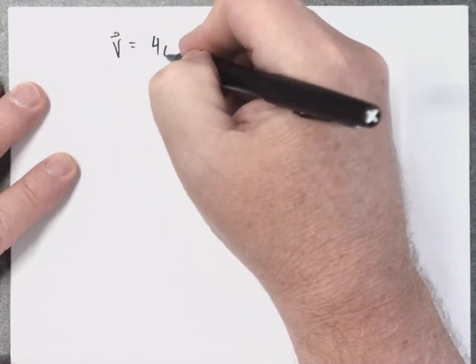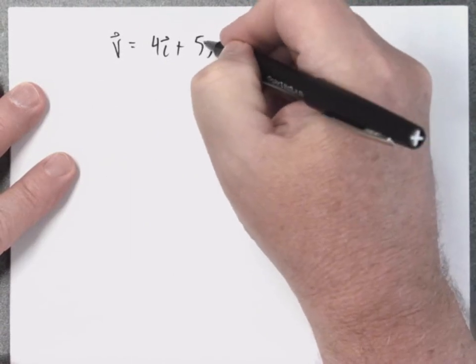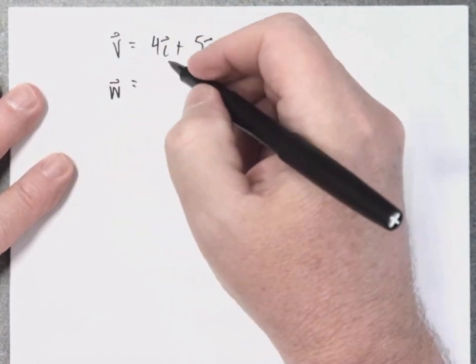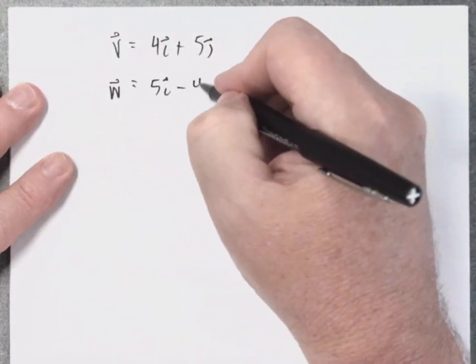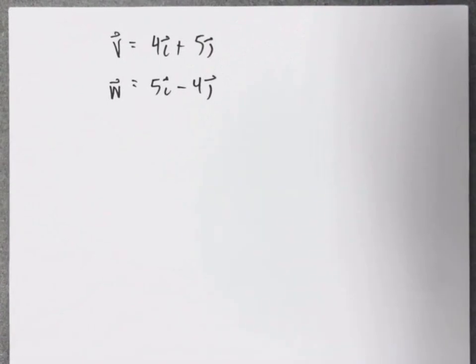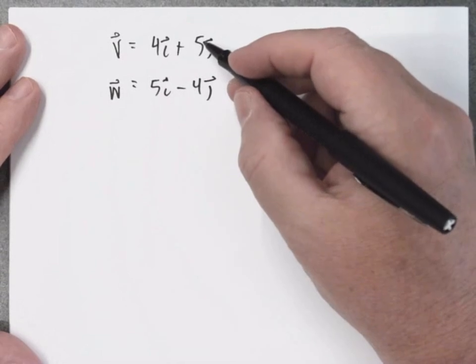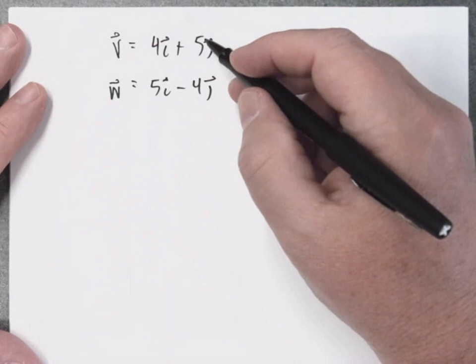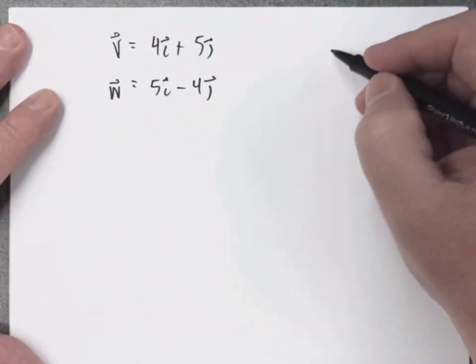So here is vector v, 4i plus 5j, and here's vector w, 5i minus 4j. Now here's a big strong suggestion. Like a lot of these problems with vectors, as a sanity check, to make sure I can catch any mistakes I make, I'm going to do a rough sketch of these two vectors.